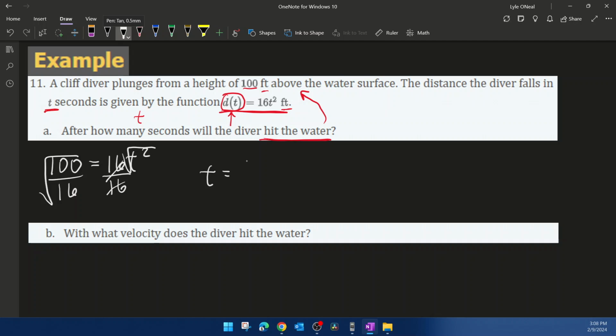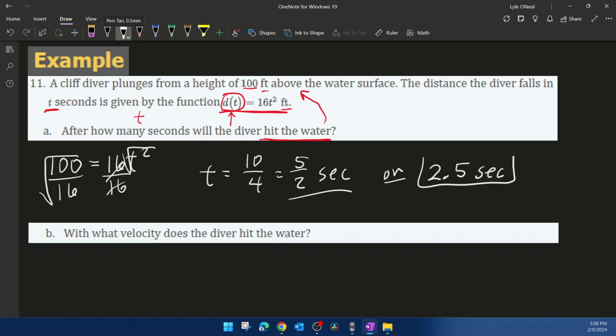So the square root of 100 is 10, and the square root of 16 is 4, which again, that will reduce further to 5/2 seconds, since t is measured in seconds, or you could say 2.5 seconds.